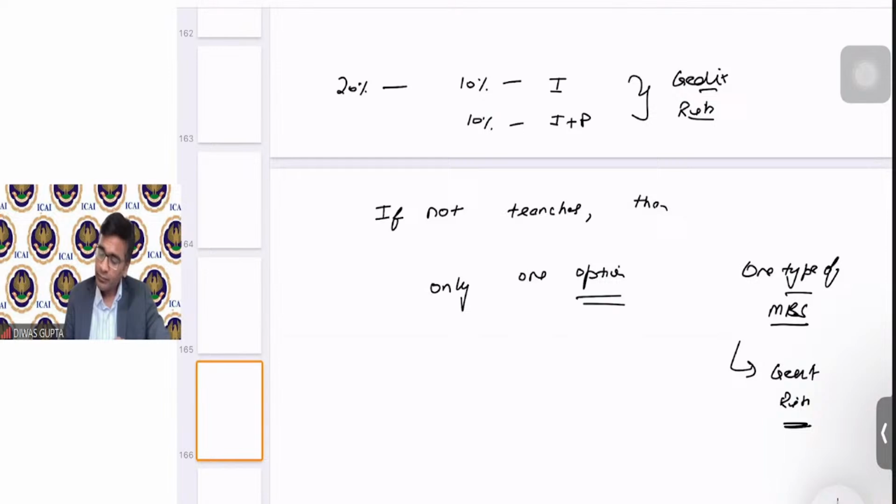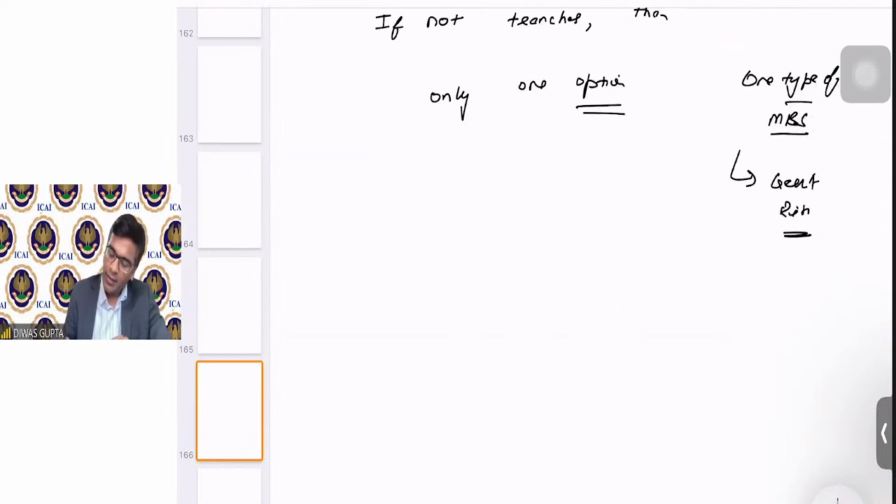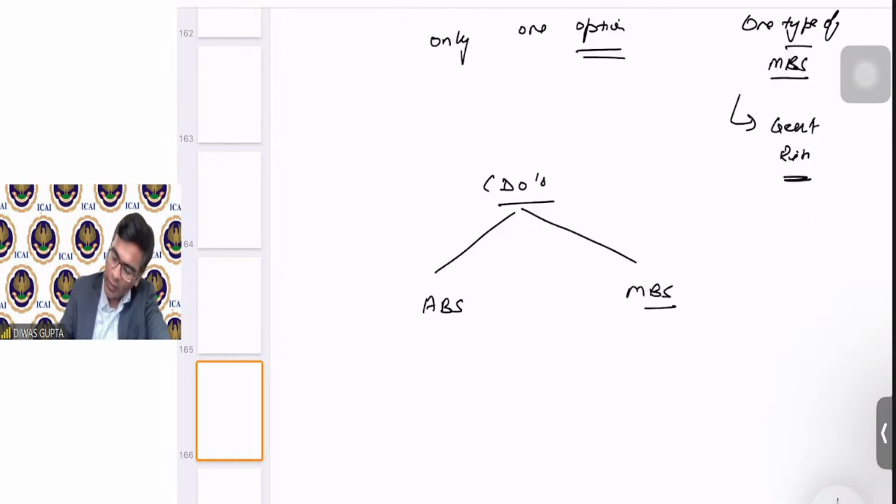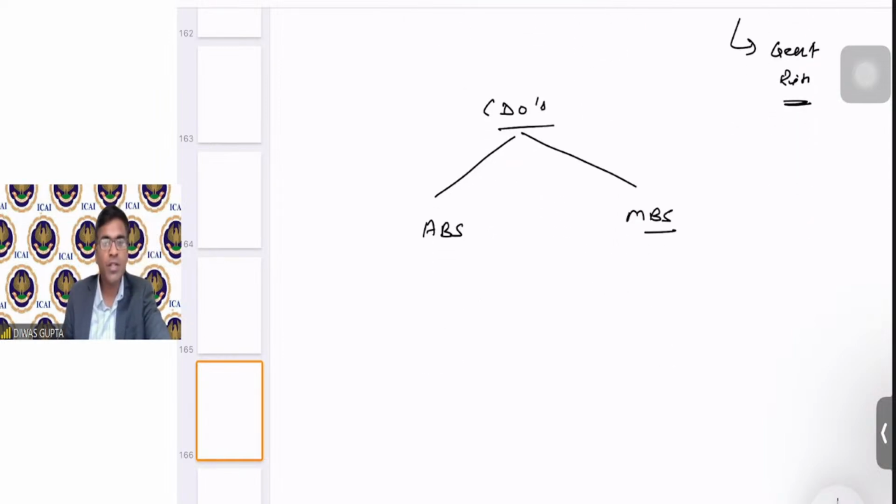Okay. Now, students, there are different types of CDOs. And again, for CDOs to happen, we talk about both ABS and MBS. MBS we have discussed, which is the mortgage backed securities. Now ABS will have, let's say, other things also.